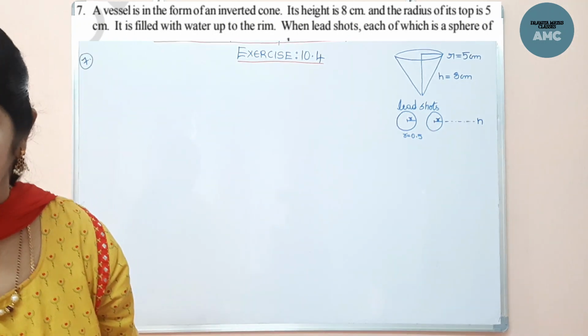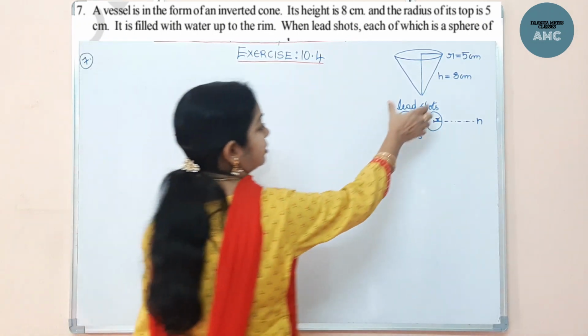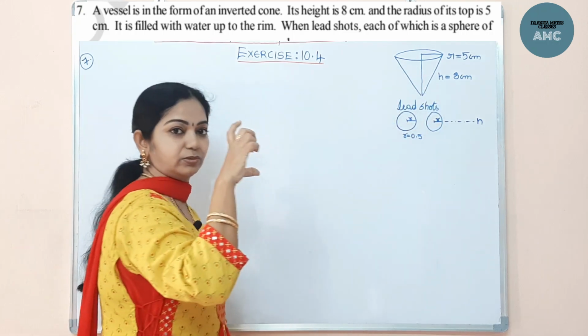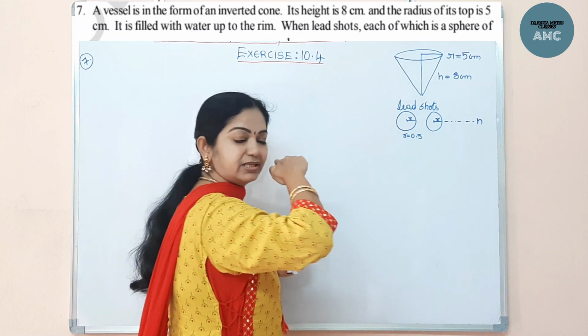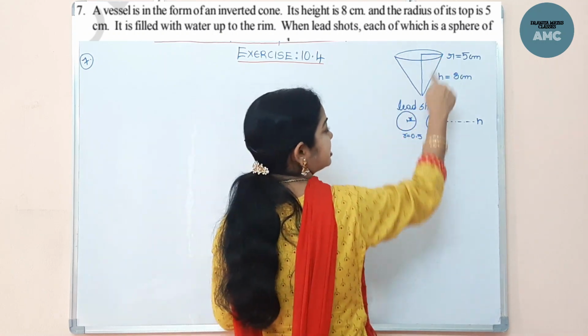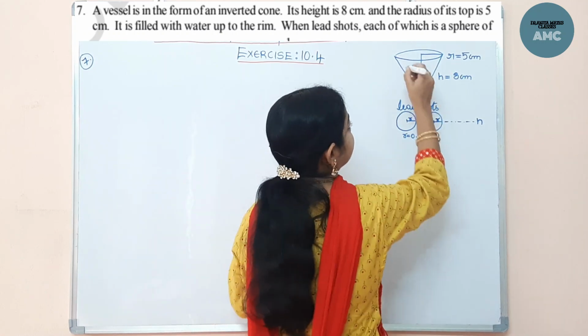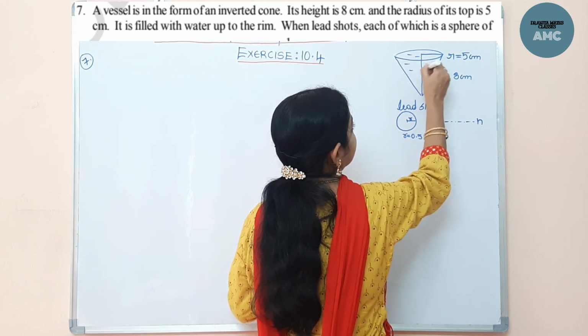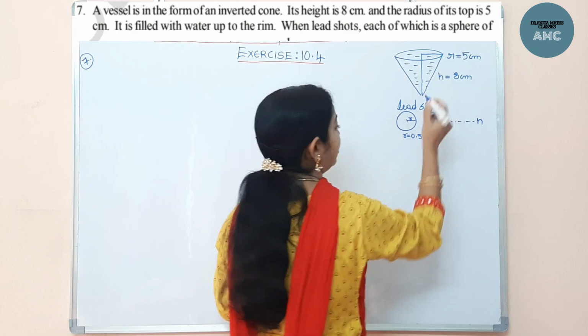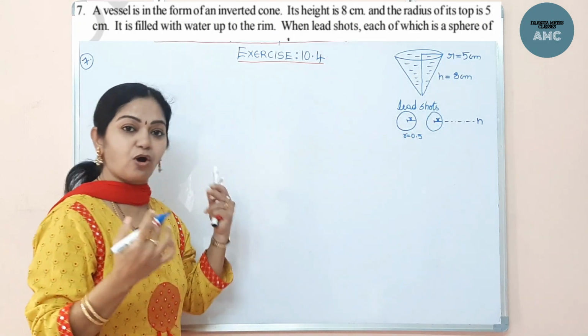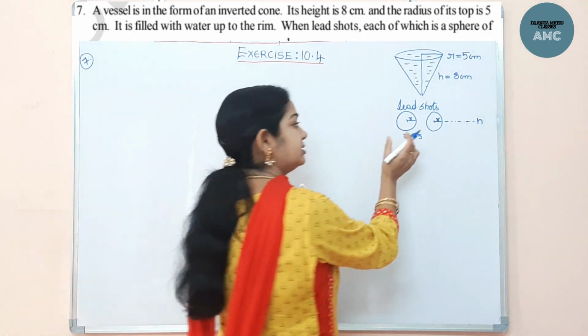Now here clearly we can see that there is a cone, an inverted cone. Now this cone is filled with water up to the rim, means to the top. Completely it is filled with water. Suppose this is filled with water and a few lead shots, we don't know how many lead shots, that we have to find. These are the lead shots.